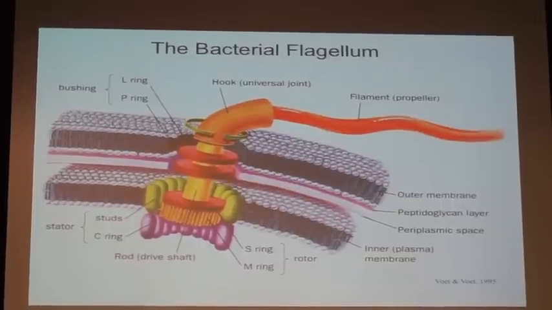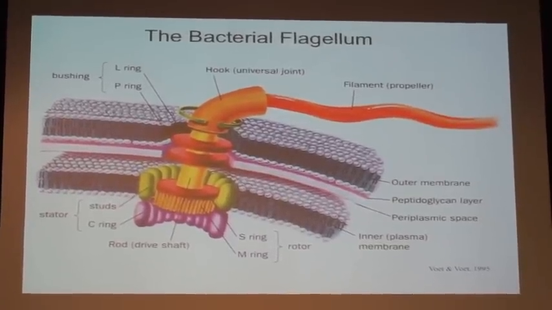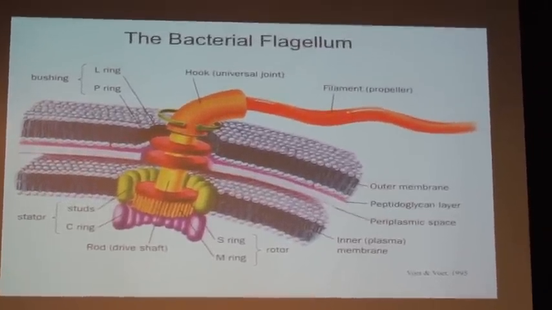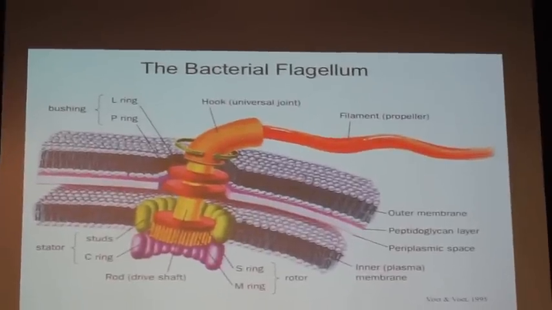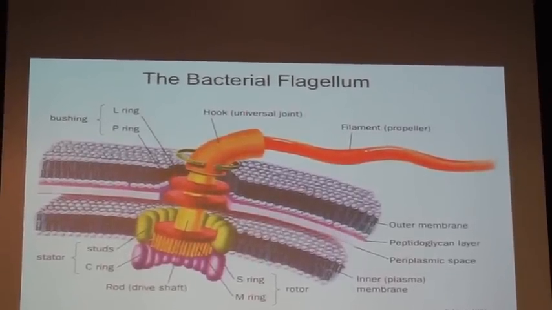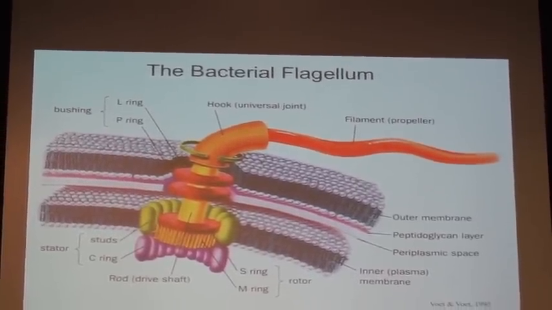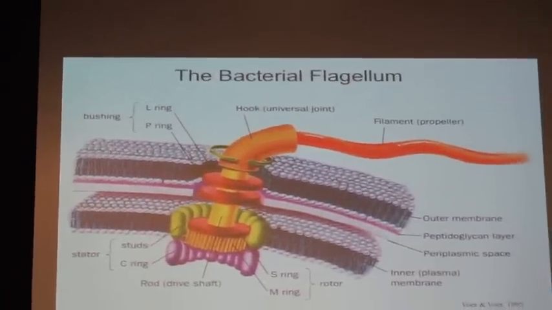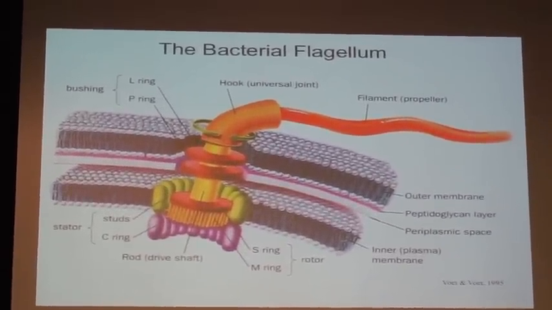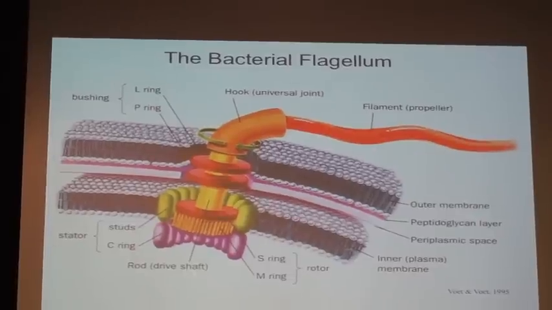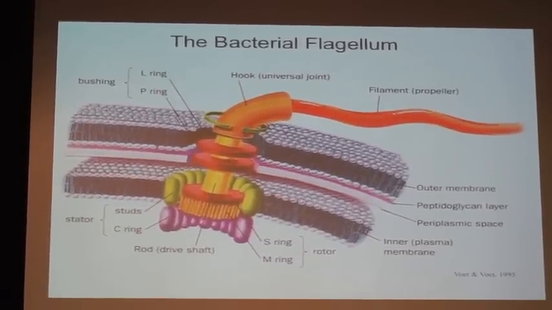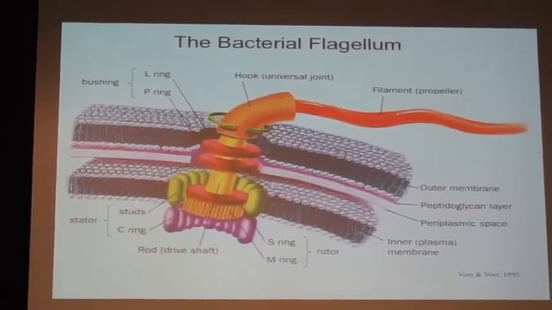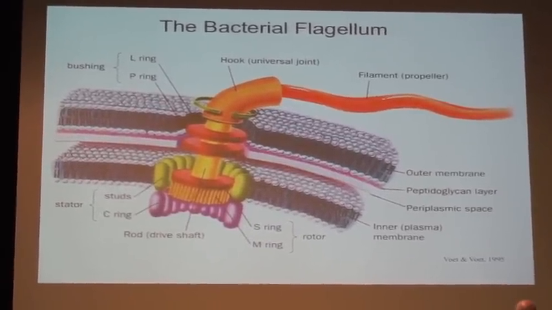This is the part that acts as the propeller. It spins round and around and around and pushes against water, and therefore pushes the cell through the water. And this is something called the hook region, which acts as a universal joint. It's attached to the drive shaft, which is attached to the motor, and so on. And I wrote that this is irreducibly complex too, because if you take away the motor, or you take away the hook, or the other parts of it, then it can't swim anymore. The bacterium can't swim anymore.